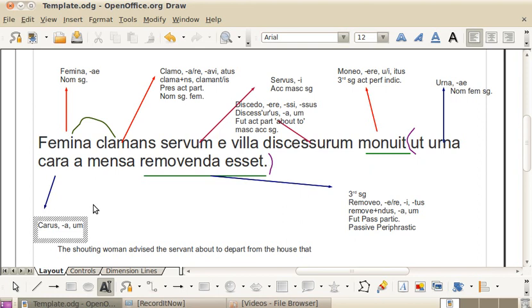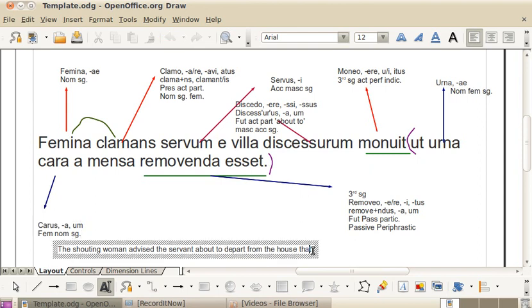But as a feminine nominative singular, we already have a noun for it to modify. So let's understand cara modifying urna, feminine nominative singular. And so now we have the entire nominative idea and the verb. We can put these together. The woman shouting, or the shouting woman, advised the servant about to depart from the house that the expensive urn.